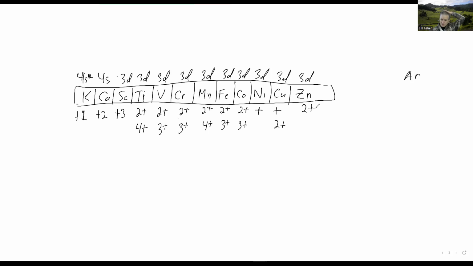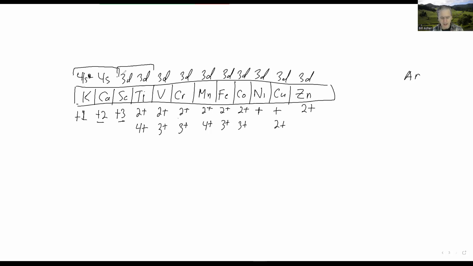And you might start to recognize that most of these ions can have a 2 plus, except for scandium, which is 3. It's clear what's going on with scandium: it's losing all 3 electrons. And titanium is losing 2 electrons, or 4. So probably titanium is losing the 2 s electrons to form a 2 plus ion, and then 4 electrons to get to the 4 plus.